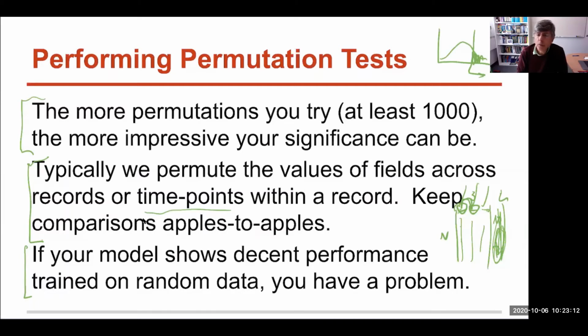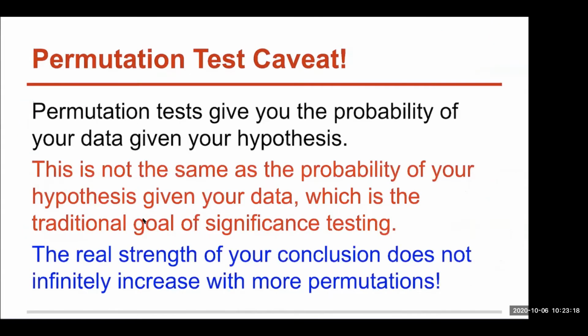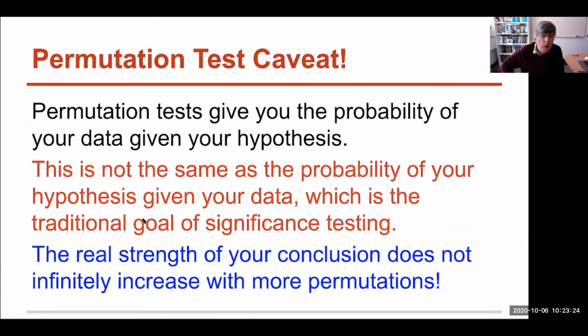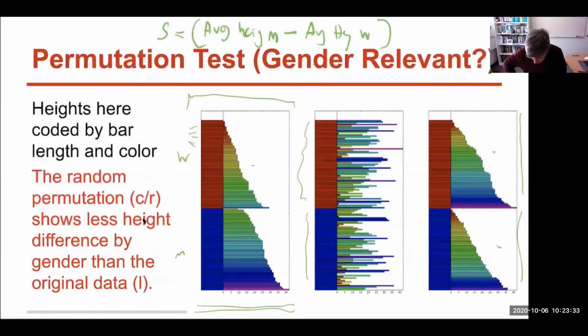Any questions? How do we compare one permutation to another? I was just confused on how we tell how good one was. You don't compare one permutation to each other. You're comparing the scores to each other. So the permutation, let's get back here. Where was the permutation in this? The permutation was in scrambling the heights associated with the individual people.